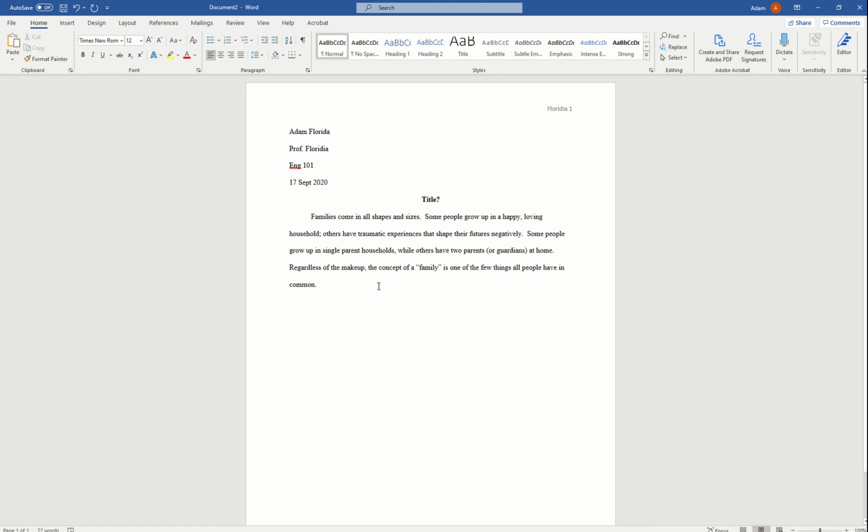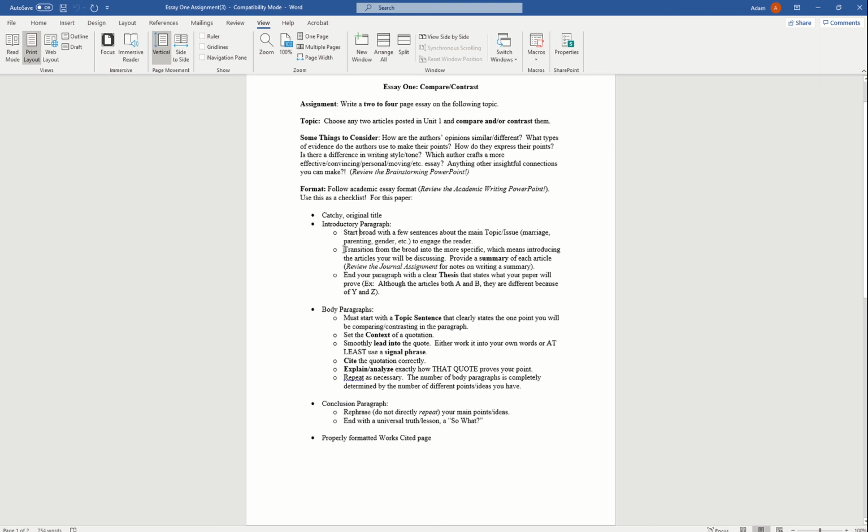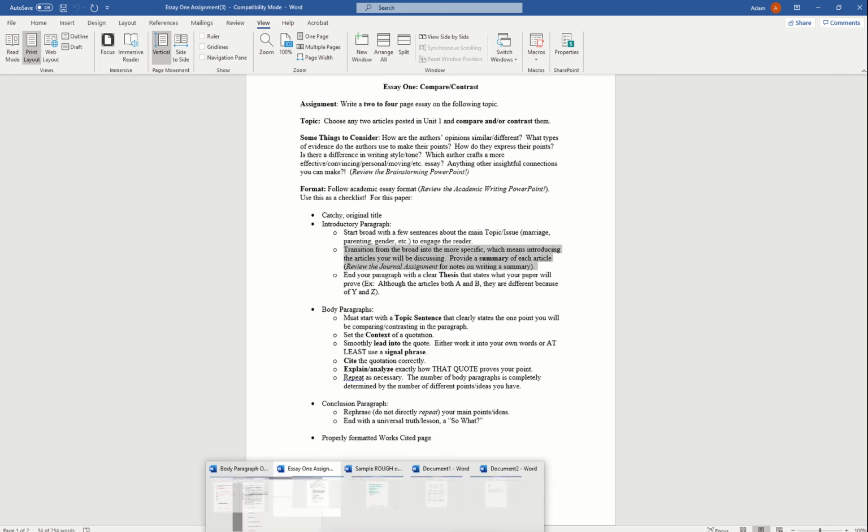Now, I think it said transition from broad to specific, which means introducing the articles, providing a summary, and reviewing the journal assignment. I'm not going to open that up now, but I know it has a good thing for summaries.